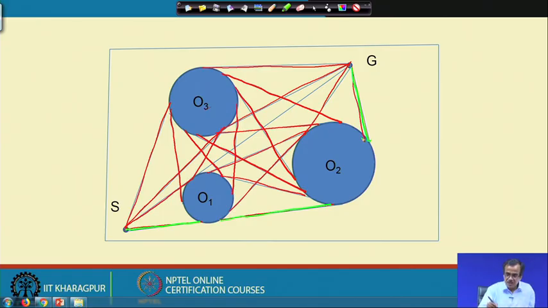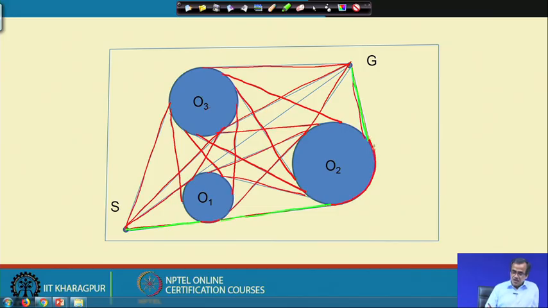Now, here in this particular feasible path, we can see that we can draw some circular arc here, for example, from here to here there will be a circular arc. So, from here to here there could be another circular arc, something like this. Okay.